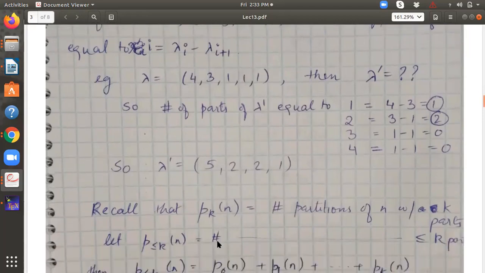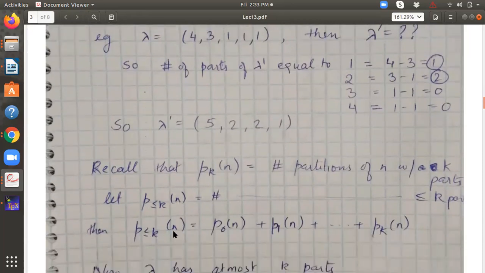So, just as pk of n, let's say p less than equal to k of n is the number of partitions of n which has at most k parts. So this collects all those partitions of n which probably have 0 parts, which we know is 1, which will have 1 part, which also we know is 1, which possibly has 2 parts, and so on till k many parts. So p less than equal to k of n is this particular number, right?